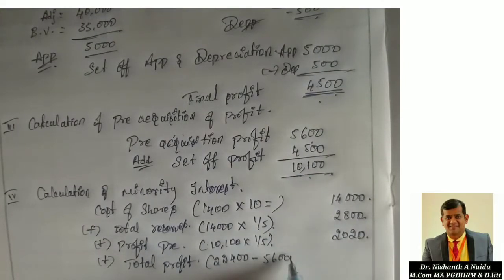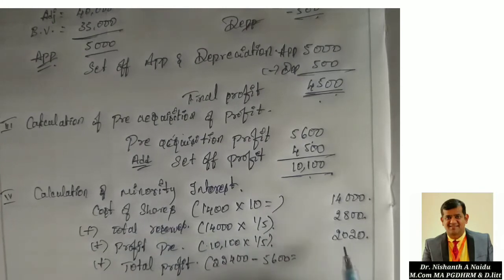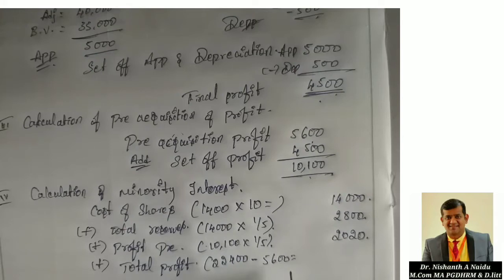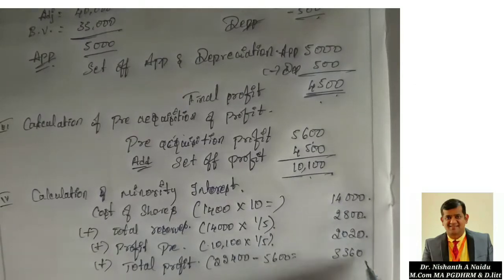So whatever is left out you will get into 1 by 5. So 22,400 minus 5,600 into 1 divided by 5. 3,360. 3,360 rupees.